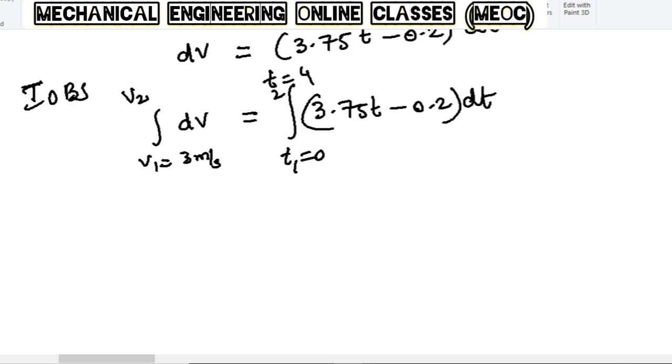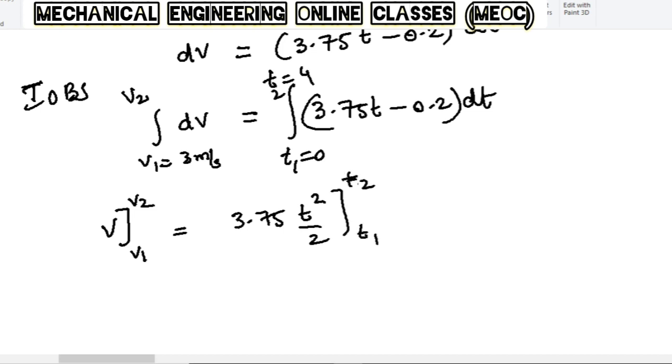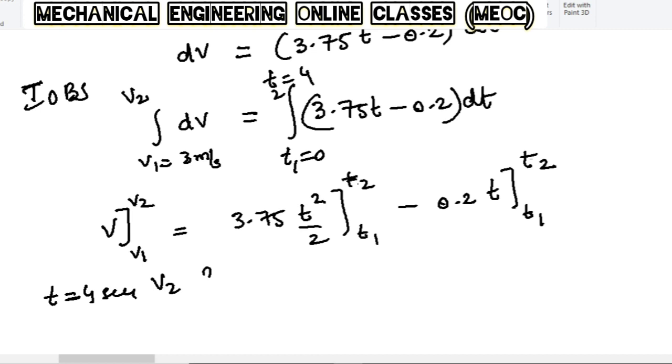This is equal to 3.75 times the integral of t dt, which is t square by 2, where t is changing from t1 to t2, minus 0.2 times the integral of dt, which is t, again with t changing from t1 to t2. What we have to find is v2 when t is equal to 4 seconds.